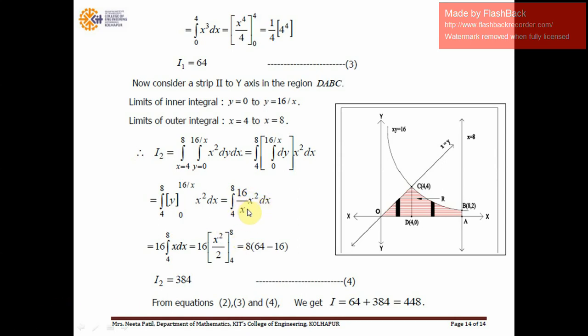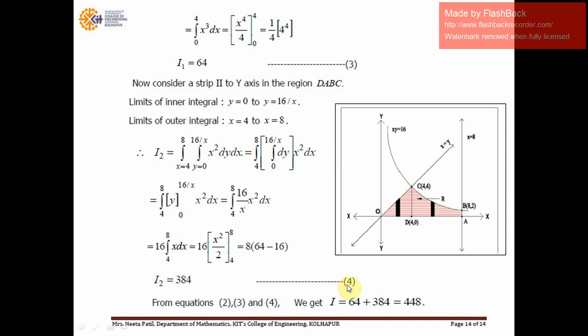So one x gets cancelled here, so it is equal to 16 integration 4 to 8 x dx. It is equal to 16 times x square upon 2, upper limit 8, lower limit 4. We get 8 into, putting x equal to 8 upper limit, you get 64, minus, for x equal to 4, 16. Simplifying, we get the value of I2 is 384.